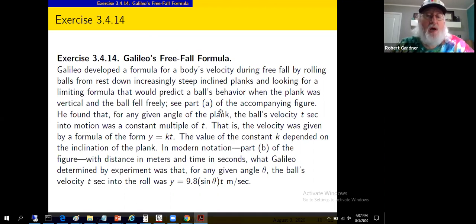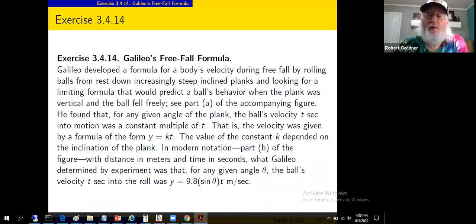We got a picture below of exactly that. They've introduced an angle theta in the picture, as we'll see. He found that for a given angle of the plank, we'll denote it as theta, the ball's velocity t seconds into motion was a constant multiple of t.